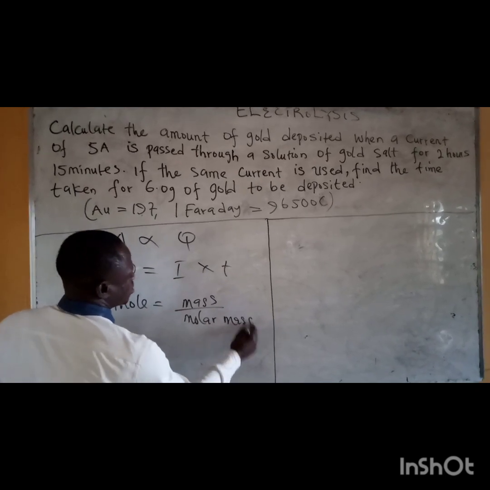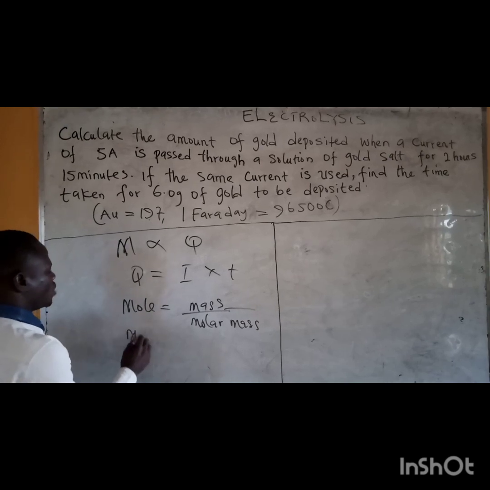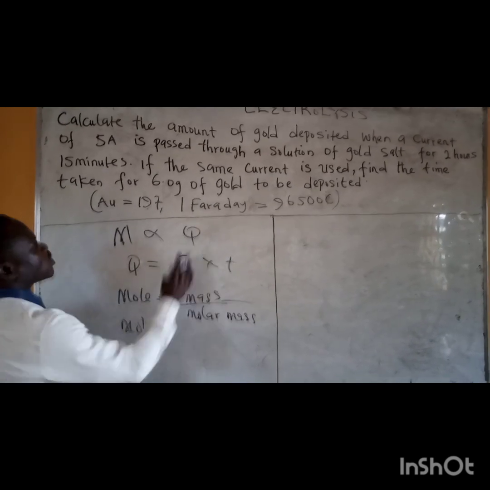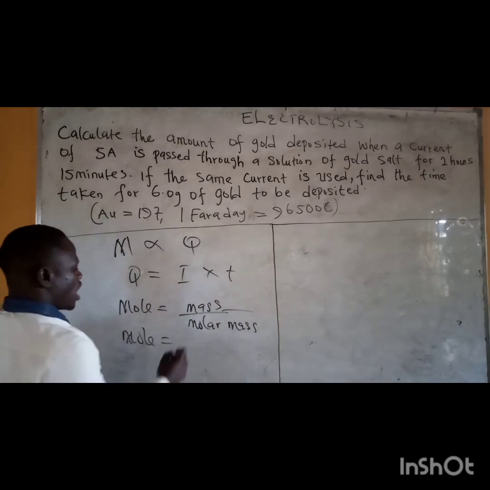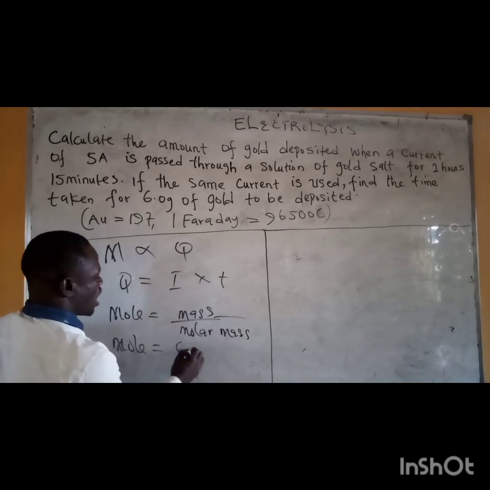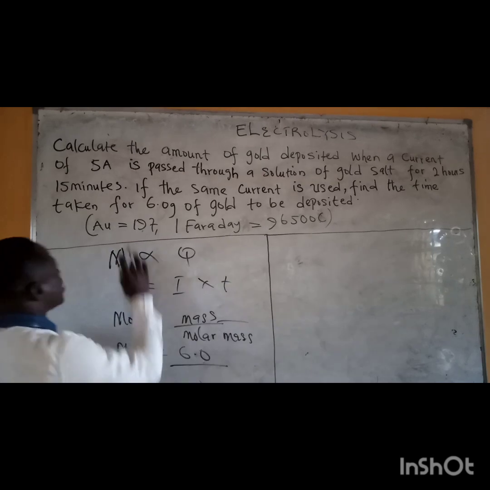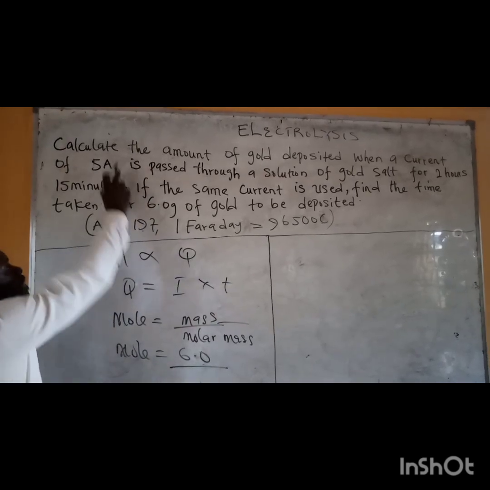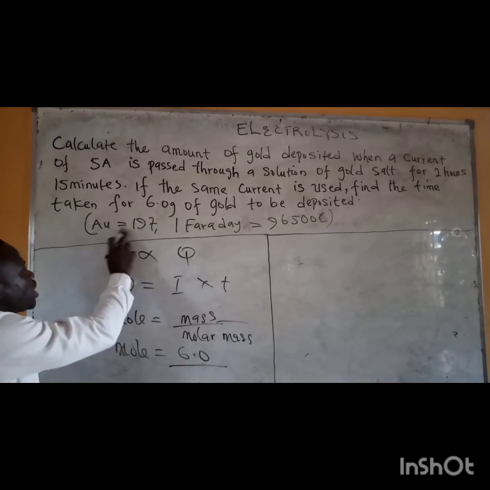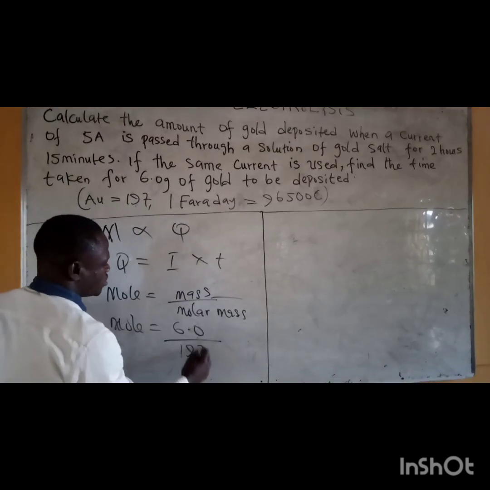Your mass is given as 6.0 grams, all over the molar mass. The molar mass of gold is 197.